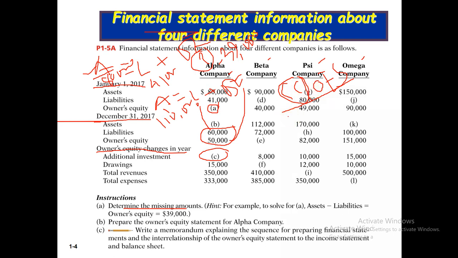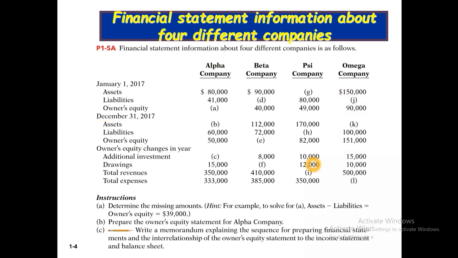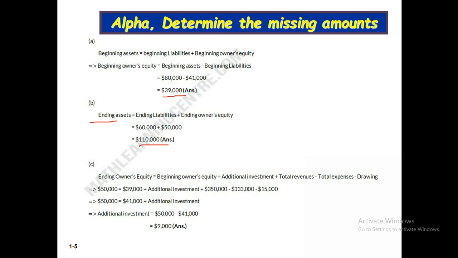Suppose this is the opening investment, 30. Let me show here. This is our ending owner's equity. So ending owner's equity equals beginning owner's equity plus additional investment plus total revenue minus total expenses minus drawing.